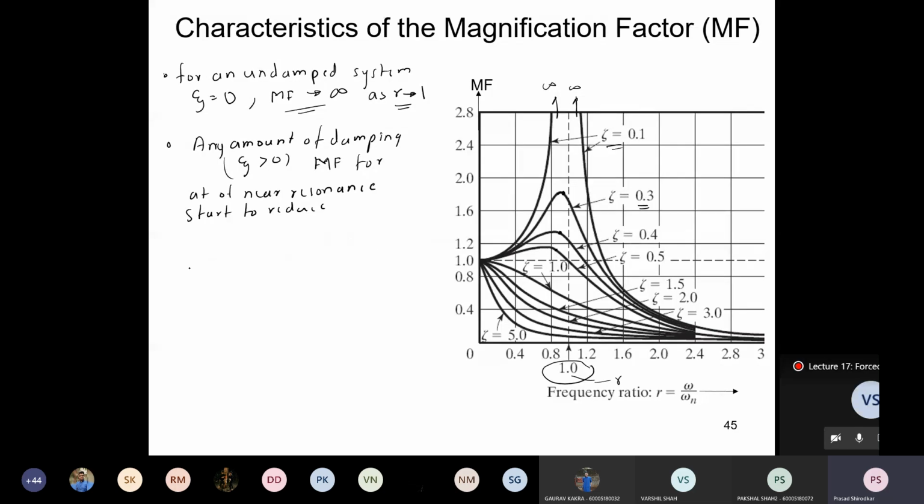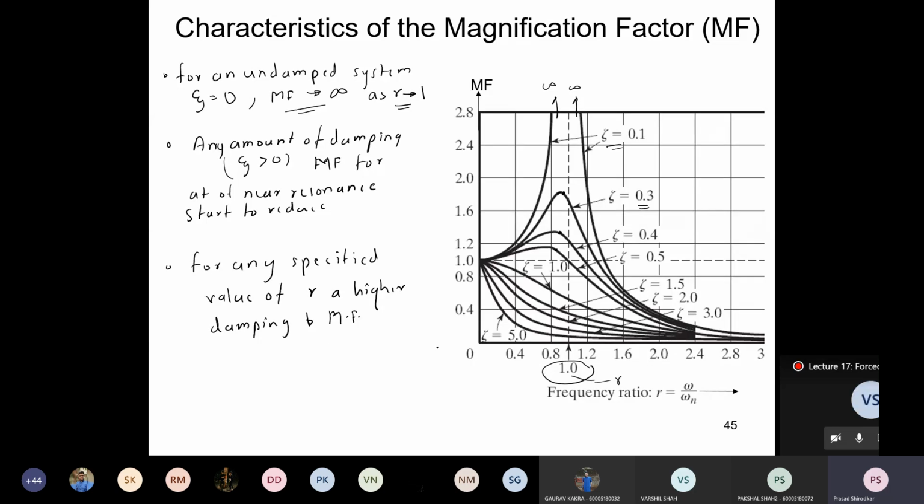Okay, for any specified value of r, a higher damping reduces the magnification factor.